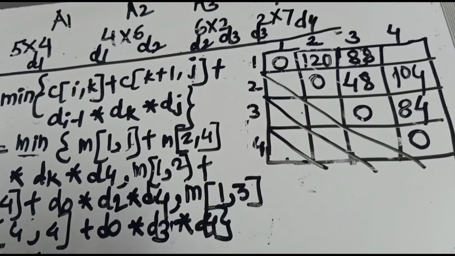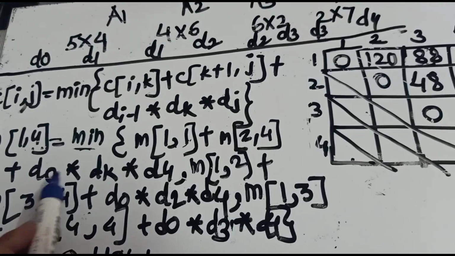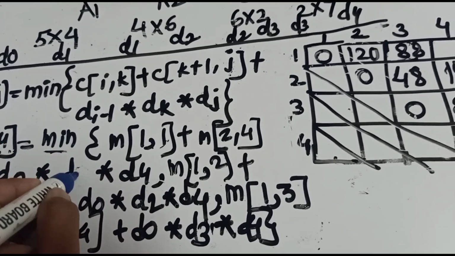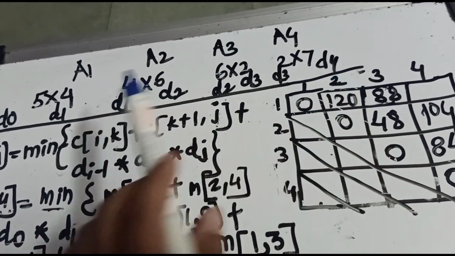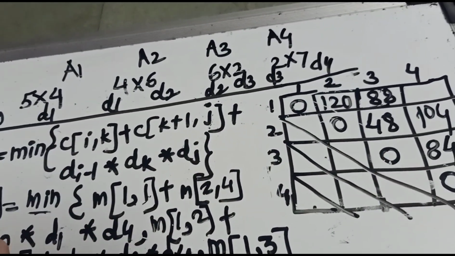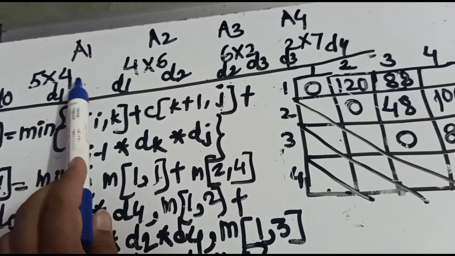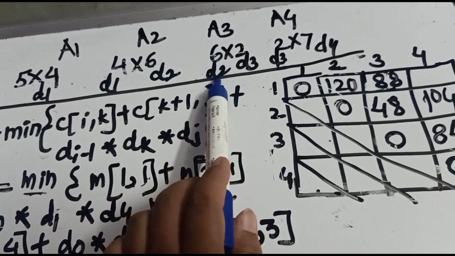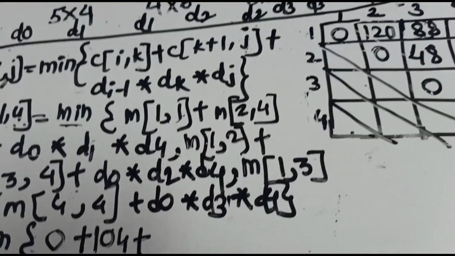The value is given in the table, 104, plus now d0 dk. Here the k value is 1, so it will be d1. This value is already given in the dimensions. We labeled the dimensions as we saw in the first video: 5 is d0, 4 is d1. This 4 is common, so it is d1, then 6 is d2. Again this 6 is common, d2; 2 is d3, again common, d3; and 7 is d4.